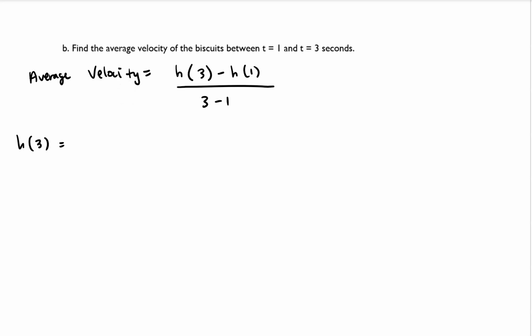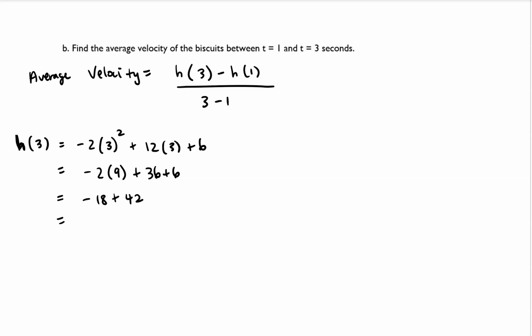So if we evaluate h of 3 off to the side here, h of 3 is equal to negative 2 times 3 squared plus 12 times 3 plus 6, and that is equal to negative 2 times 9 plus 36 plus 6, which equals negative 18 plus 42, and that ends up being 24.